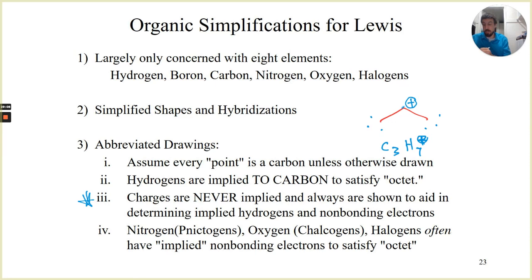Rule 4 really isn't a rule, but it's a bit unfortunate. Nitrogens, or everything within that column, are pnictogens. Oxygen, or chalcogens, everything in that column, and our halogens will very often have implied non-bonding electrons to satisfy the octet. I will try as much as I can in the first semester to never imply them and to always show them.